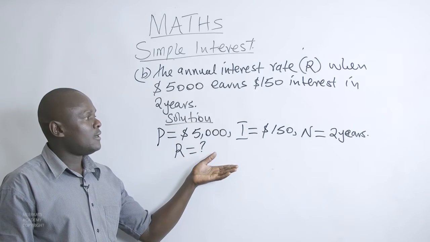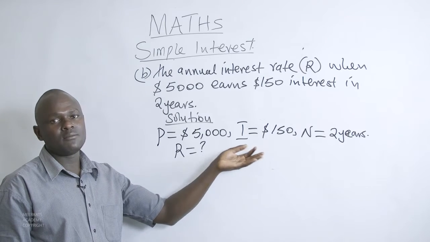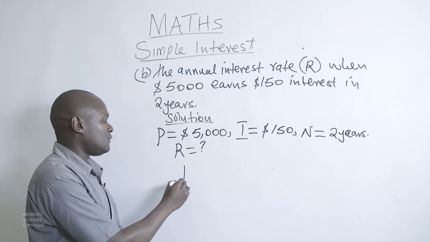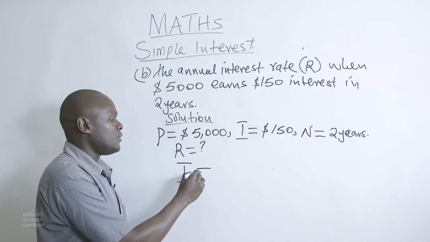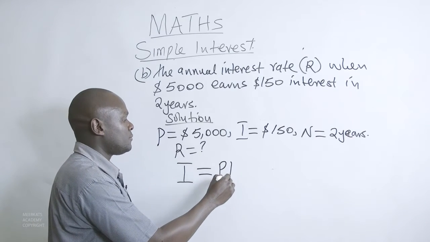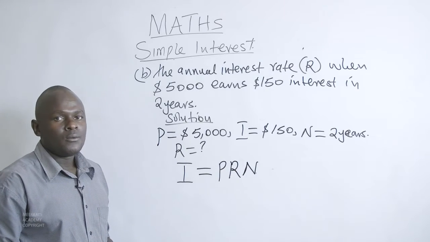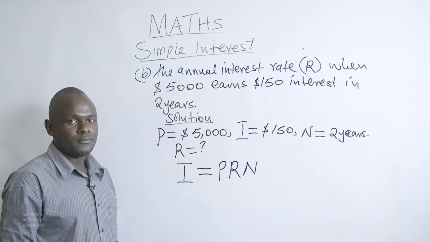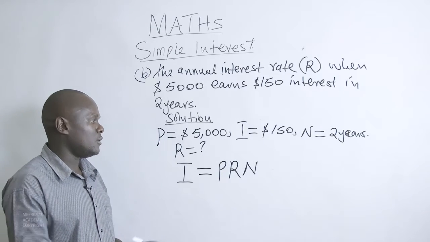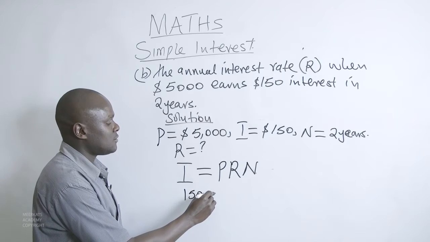So after identification of these simple interest formula variables, we go ahead and write down the formula itself. Simple interest is equal to the principal amount multiplied by the rate multiplied by the period. And then we substitute in what we have been provided with. The interest is $150.